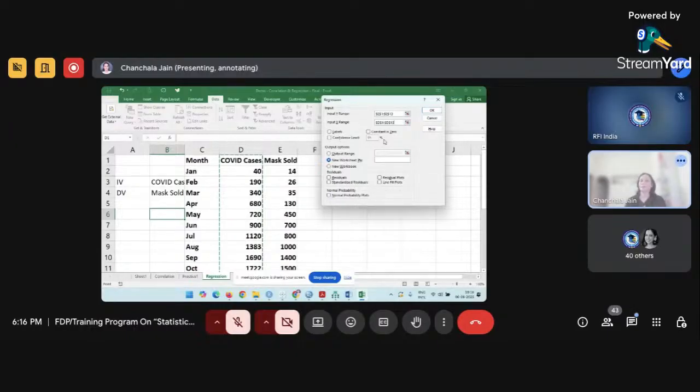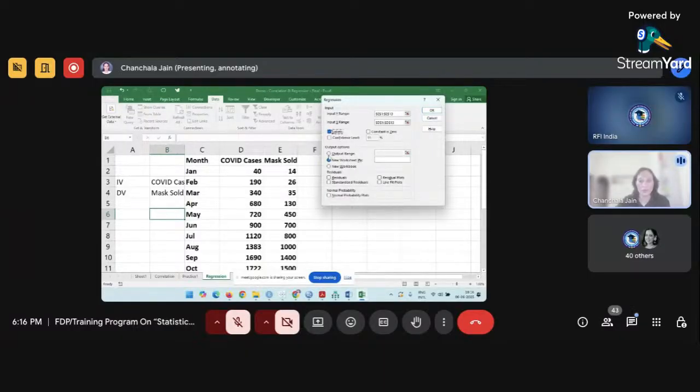Now select the checkbox labels. Constant is 0. We don't want to make the constant, that is A, 0, so don't select this. Confidence level is 95% by default. It will give you the results at 95% confidence level.